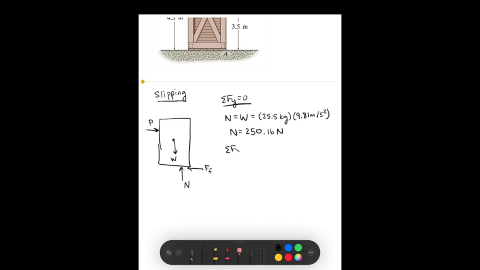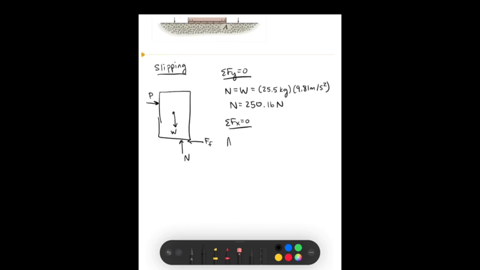We can move on to equilibrium in the x direction. We're going to assume in this slipping case that the friction force is the highest that it can be, which is at the point of impending motion, where we can assume that it's equal to the normal force times the static friction coefficient.